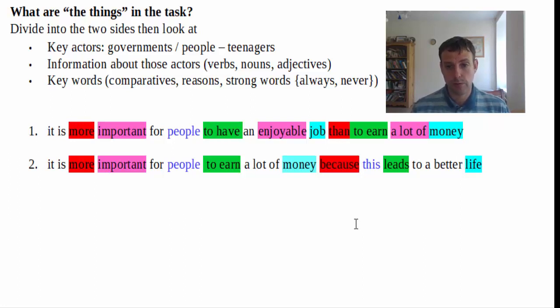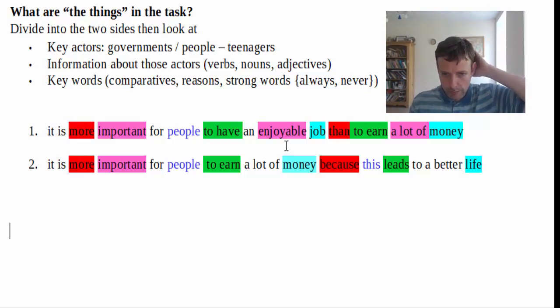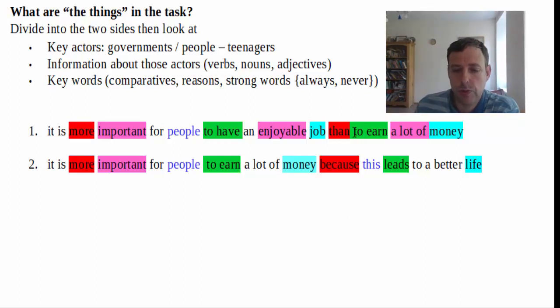Okay, so we can see here that the two sides are not exactly the opposite of each other. They're a little bit different. Where is the key difference? Now, this one's about no, don't earn a lot of money, have an enjoyable job. This one's about no, earn a lot of money. But the difference is this one here, because.